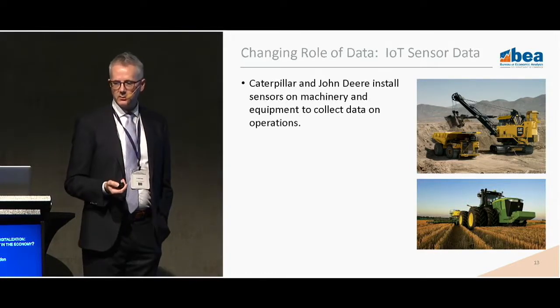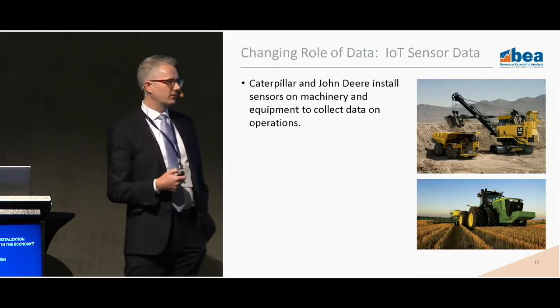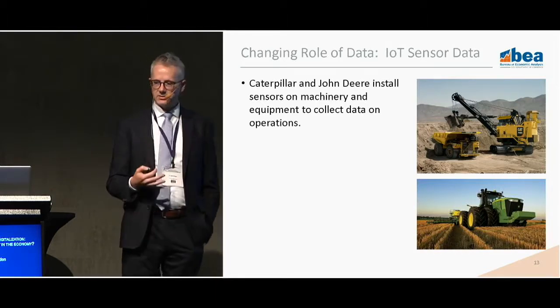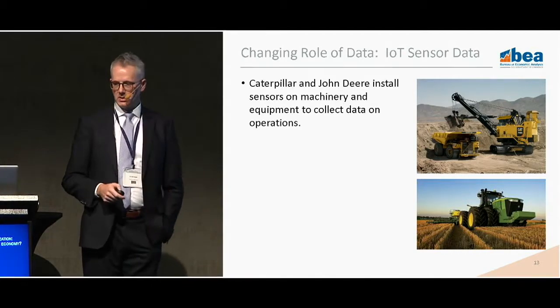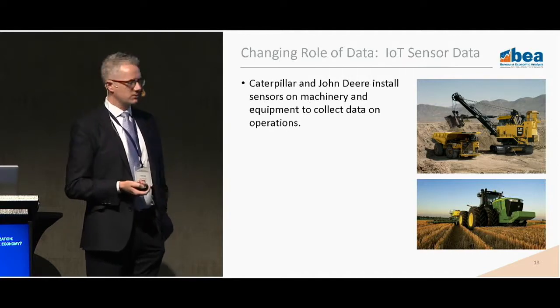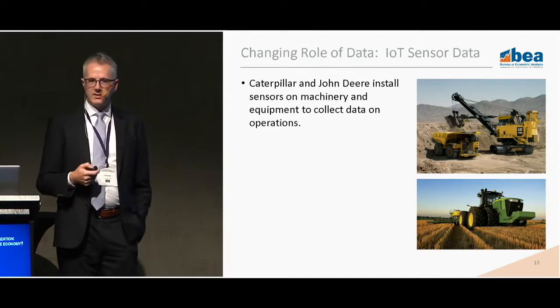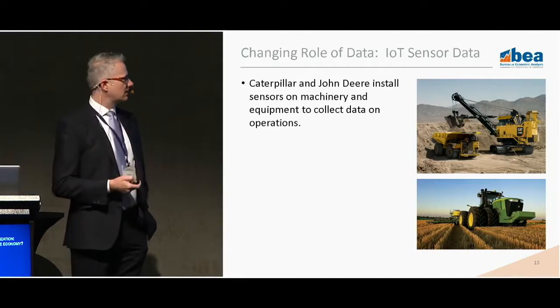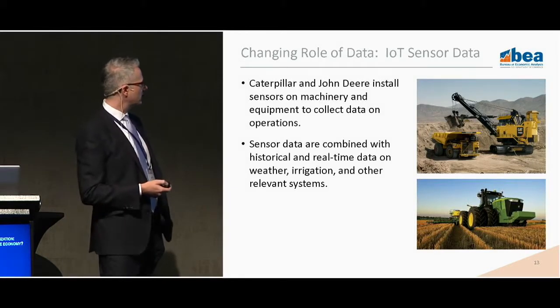A couple of areas that we've been focusing on are IoT sensor data. So this is where software and sensors are embedded on everything from heavy farm equipment to other heavy machinery, mining machinery shown here in this picture for Caterpillar, to kitchen appliances and factory floor equipment, and lots of data being collected on the performance of these machinery and appliances.